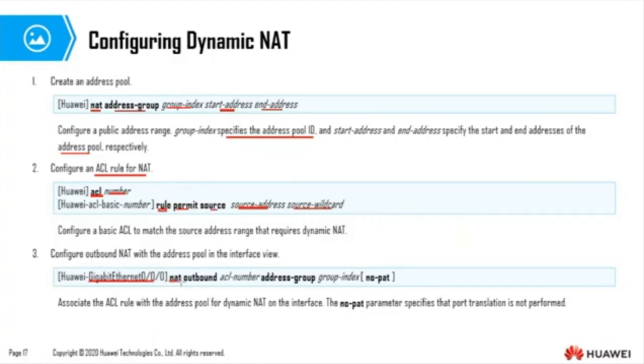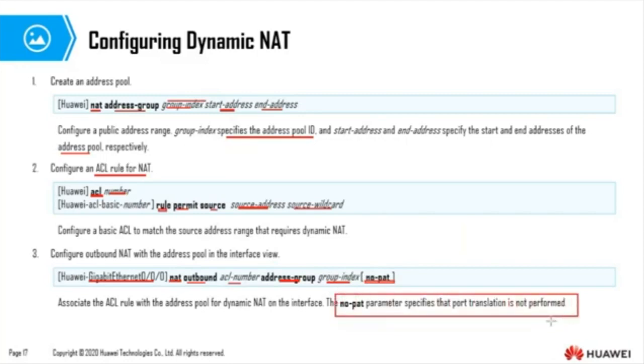So after you've done that, you now need to go to the interface view, for example, GigabitEthernet 0/0/0, and use the command nat outbound 2000 address-group. Then you use the index, the group index that you created here, the number. Then after that, you use the keyword no-pat, no hyphen pat. No-pat means no port address translation.